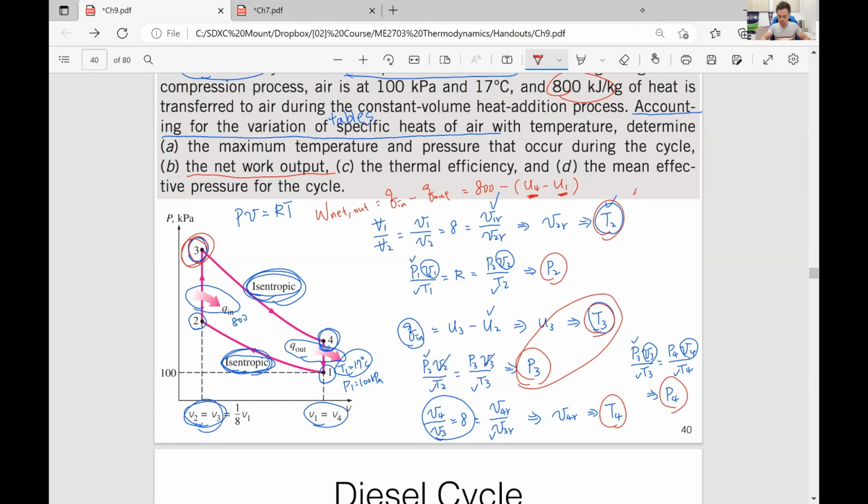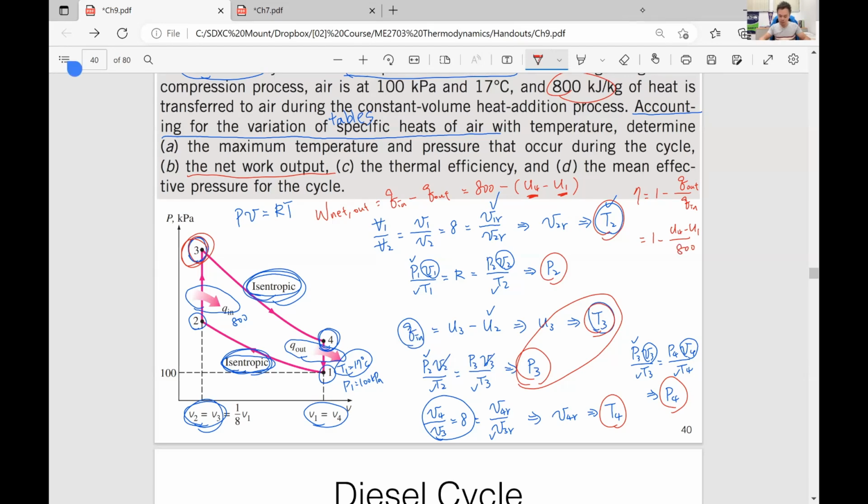And efficiency is 1 minus Q out over Q in. This should be Q out over Q in. So this is U4 minus U1, and this is 800.